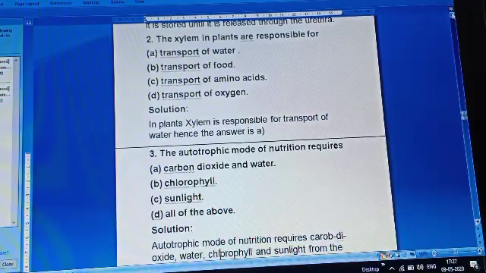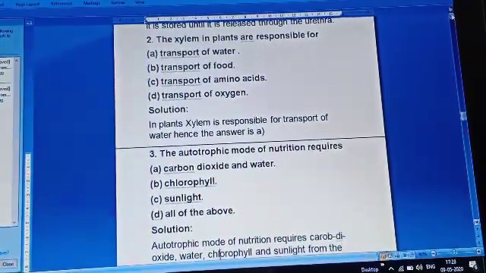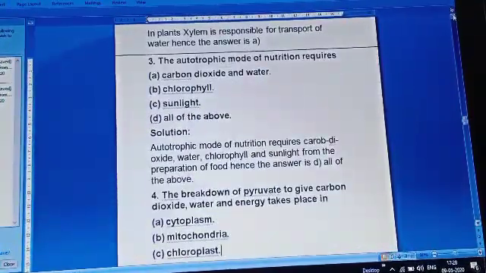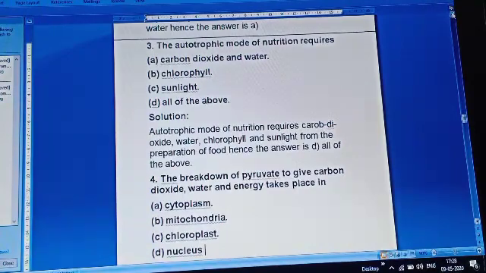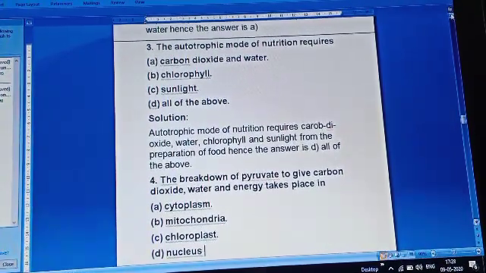Now let's move further. Third question. The autotrophic mode of nutrition requires carbon dioxide and water, chlorophyll, sunlight, or all of the above. The answer is all of the above.